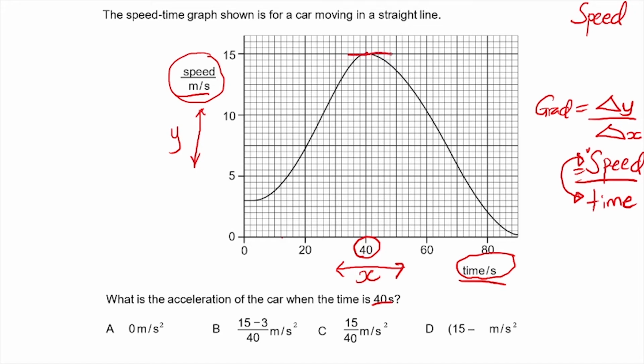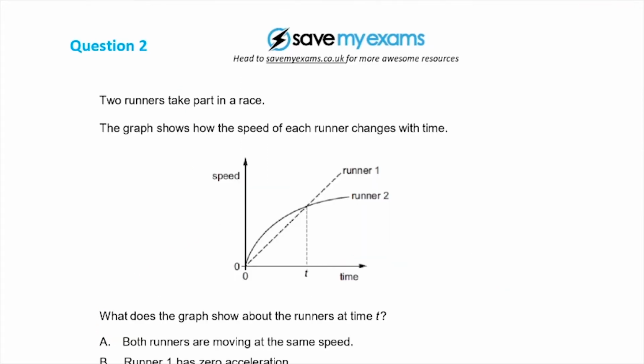So the gradient of that curve at that point is 0. If the gradient at that point is 0, it means the acceleration at that point is 0. Our answer is A.